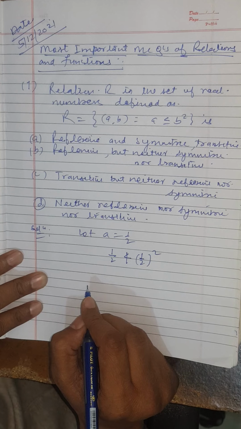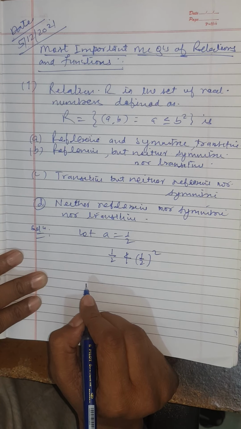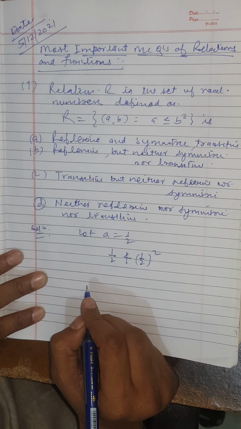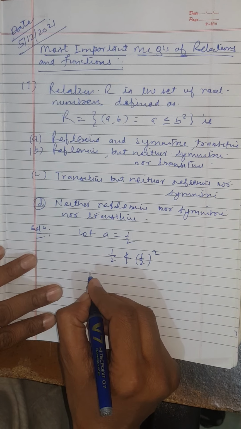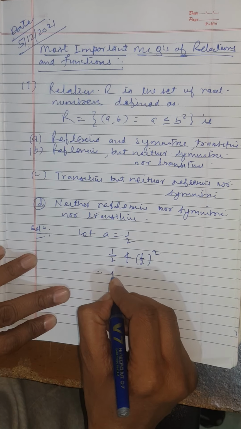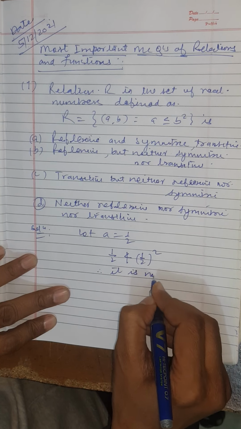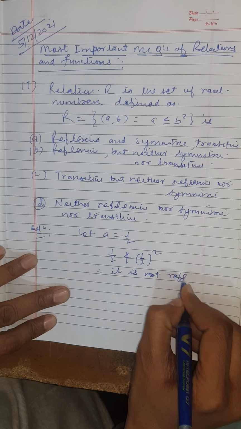Therefore, a number can't be less than or equal to the square of this if it is a fraction. Therefore, the reflexive relation does not exist. Therefore, it is not reflexive.